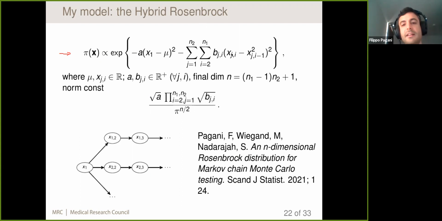It's basically about wrapping normal distributions around functions, which in this case is a parabola, but it doesn't have to be. Because they are normal distributions and because the model is built in a certain way, the normalization constant can be very, very easily calculated.